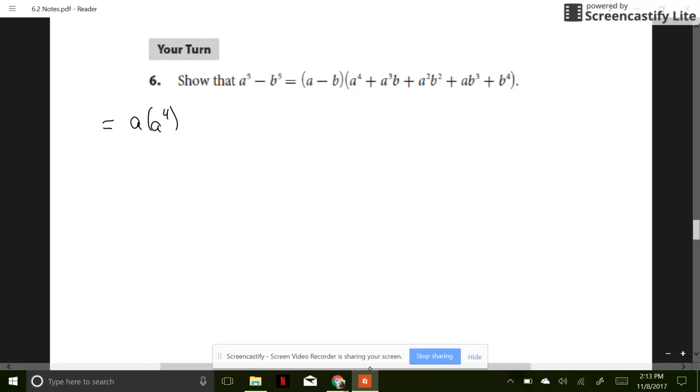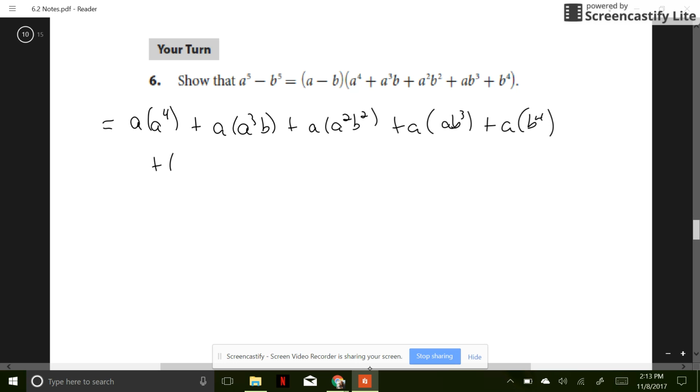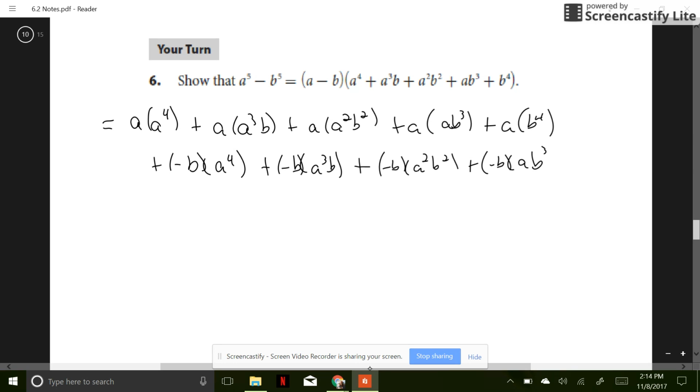So a times a to the fourth plus a times a cubed b plus a times a squared b squared plus a times ab cubed plus a times b to the fourth, and then plus negative b times a to the fourth plus negative b times a cubed b plus negative b times a squared b squared plus negative b times ab cubed plus negative b times b to the fourth.